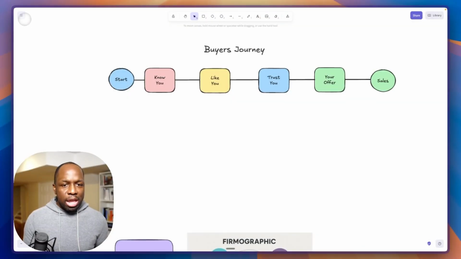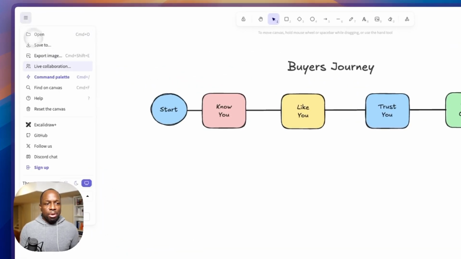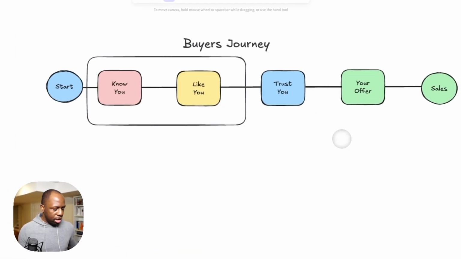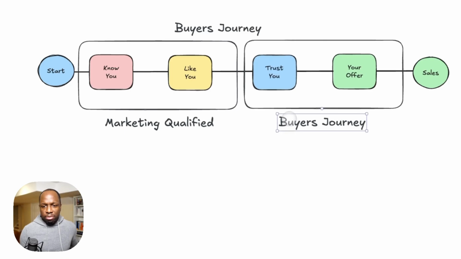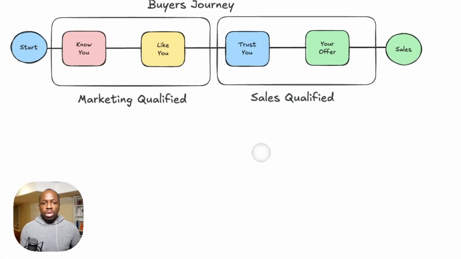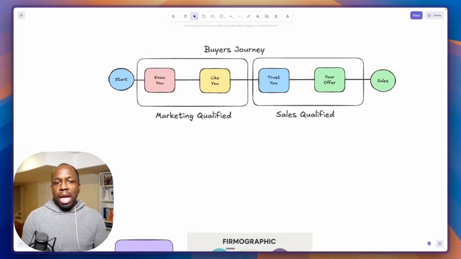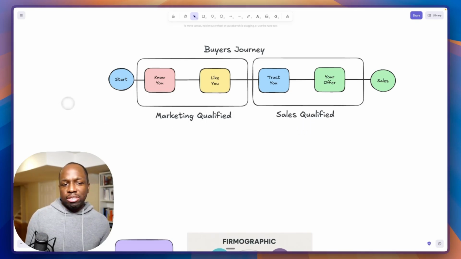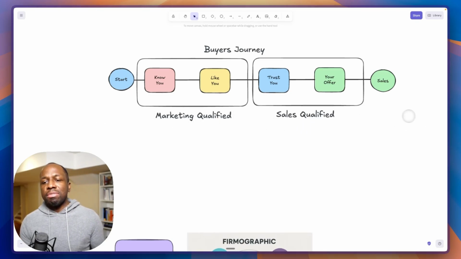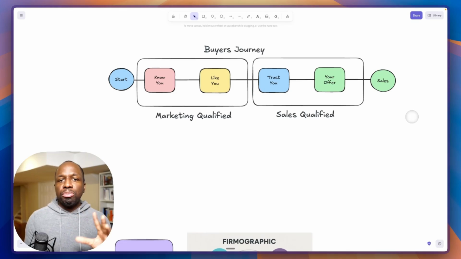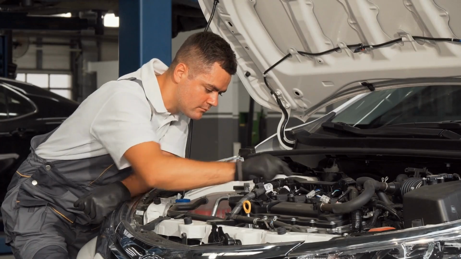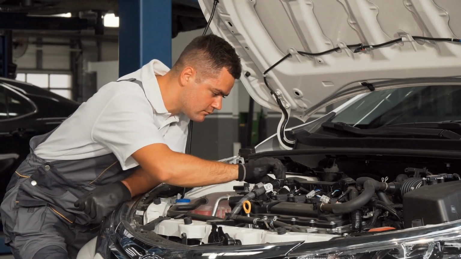So with that buyer's journey, you could break that journey into two categories for now: marketing qualified, sales qualified. So these are the two rough categories. Any single thing before that, we don't really care about so much. This is a different kind of category, and there's obviously stuff after this, but these are the core phases of a buyer from your perspective, aka the mechanic that is selling your service.